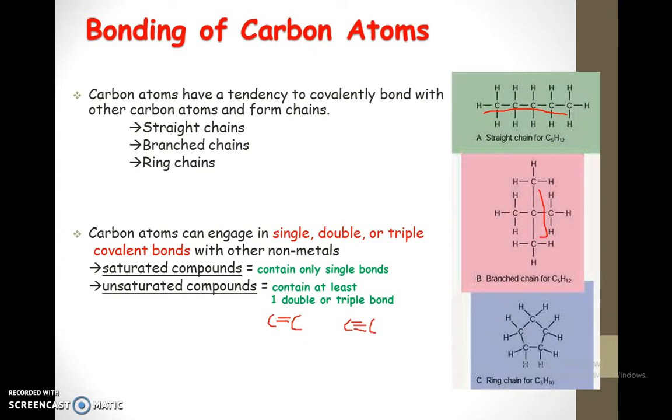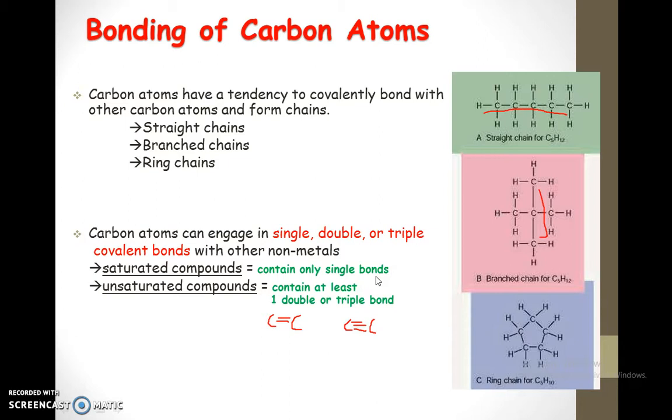Let's take a look at the bonding of carbon atoms. We know that carbon atoms have a tendency to covalently bond with other carbon atoms and form chains. It can be a straight chain like this, a branched chain, or a ring chain. In organic compounds, carbon atoms can engage in single, double, or triple covalent bonds with other nonmetals.